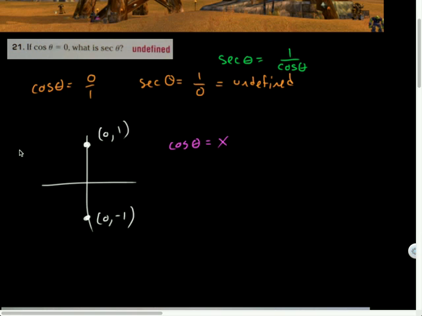And for what angles does that occur? That would be like 90 degrees or 270 degrees, or any coterminal angle with those. Actually, those are 180 degrees apart.